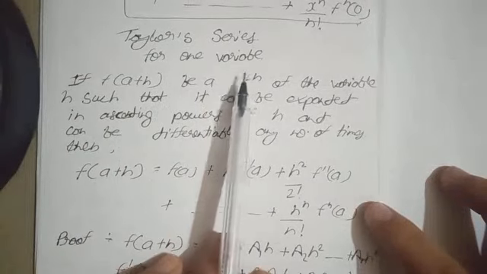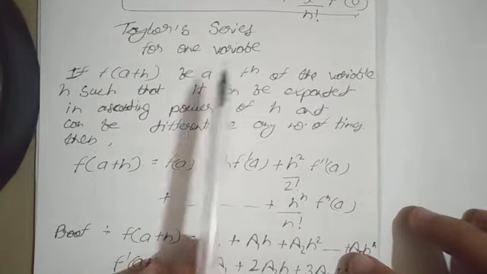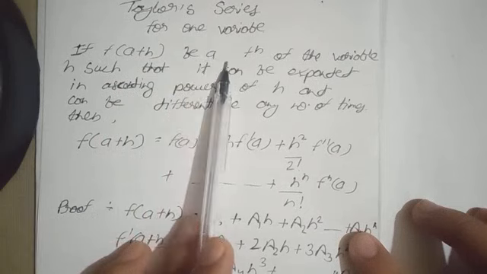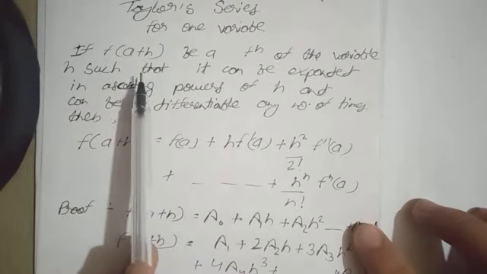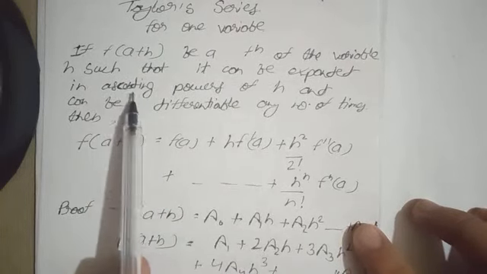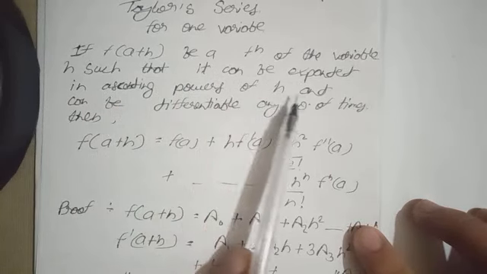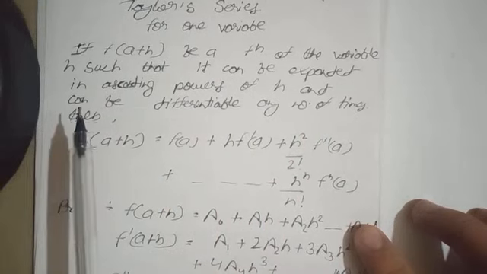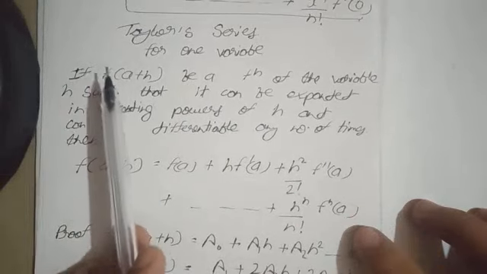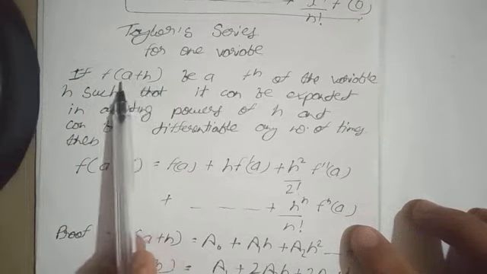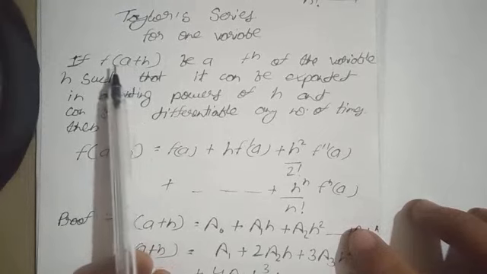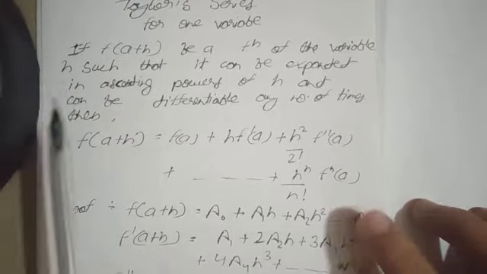After that, the Taylor series for one variable. So what is the statement of the Taylor series? If f(a+h) is a function of the variable h such that it can be expanded in ascending powers of h and can be differentiated any number of times, then, remember that both a and h are independent.